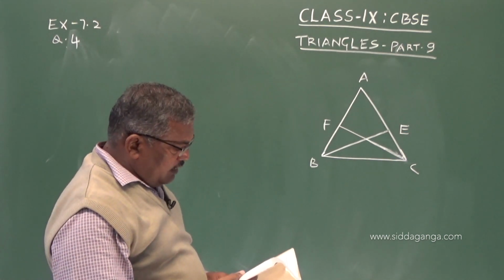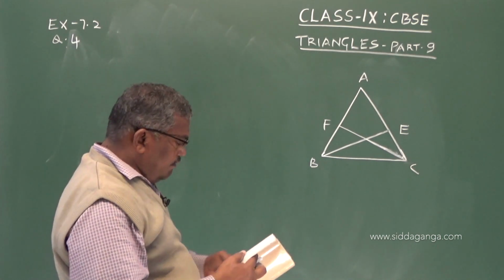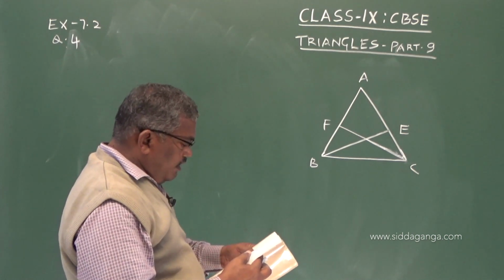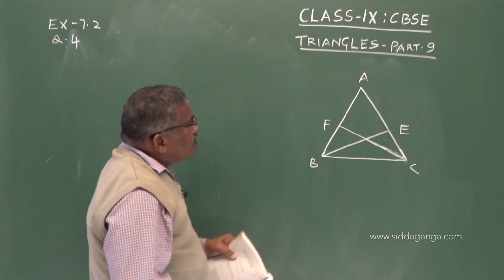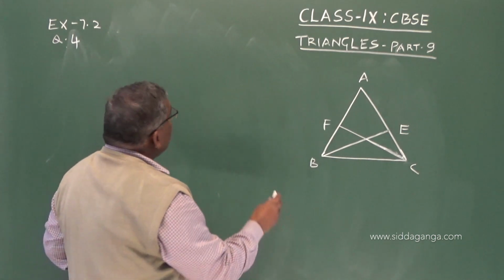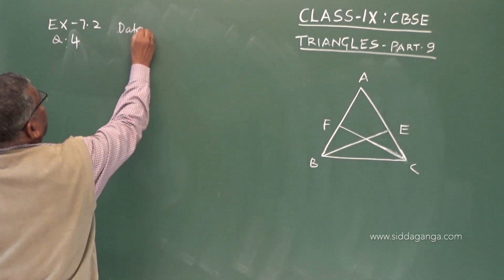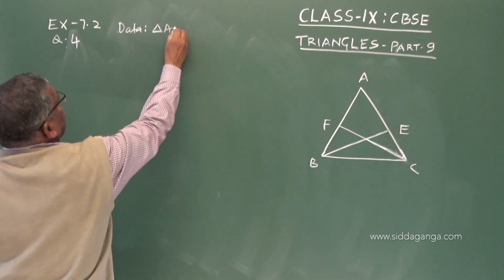ABC is a triangle in which the altitudes BE and CF to sides AC and AB are equal. So, it is given the altitudes are equal. So, data. What is given in triangle ABC?